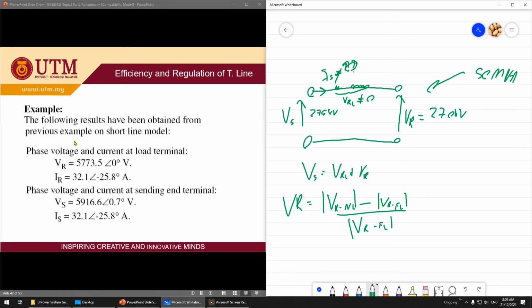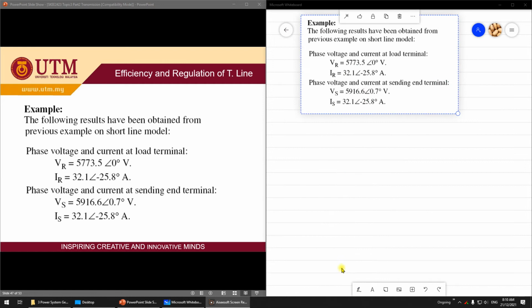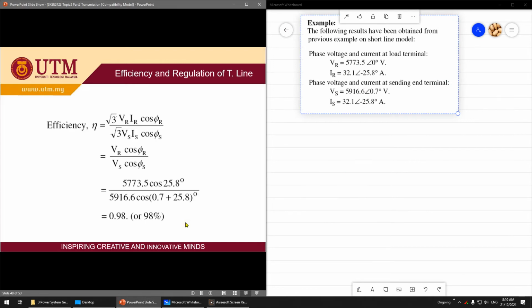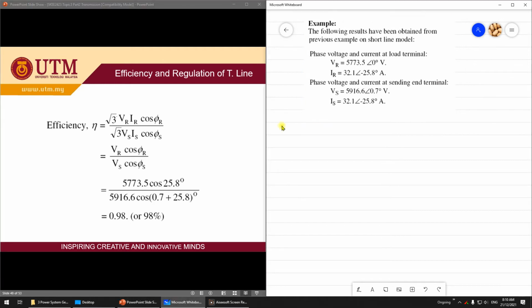Okay, so here is an example. Assume that the phase voltage and current of the load terminal are these. Let me take a screenshot here. So you can calculate the efficiency using the formula square root of 3 VR IR.